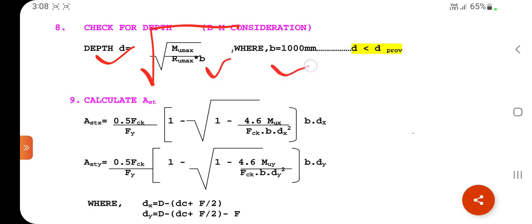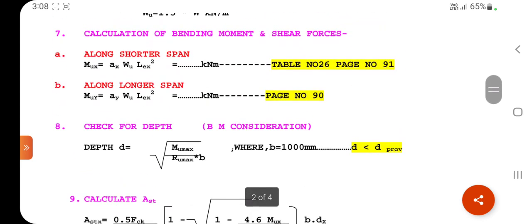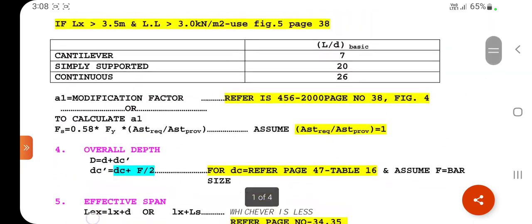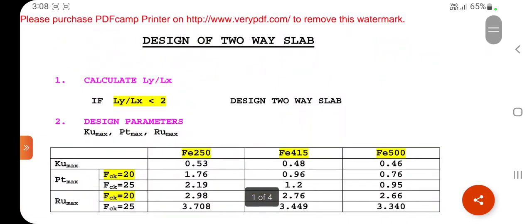As we are considering the unit width, b is taken as 1000 mm. Mu max means the value calculated from step number 7, and Ru max is calculated from step number 2.